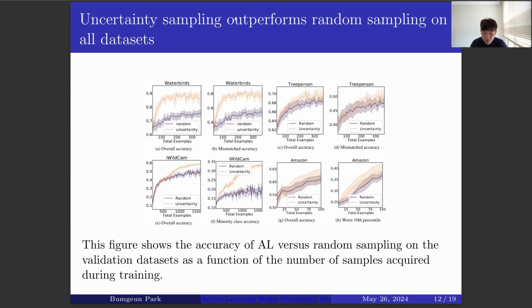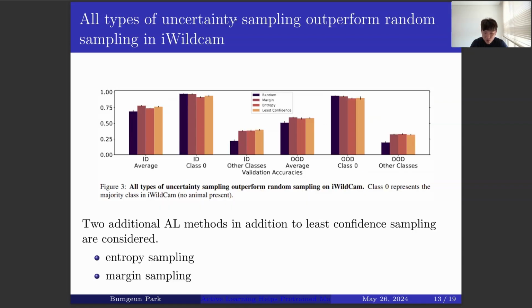First, we can easily see that uncertainty sampling outperforms random sampling across all datasets. This figure shows the accuracy of active learning versus random sampling on the validation dataset as a function of the number of samples acquired during training. The second observation is that all types of uncertainty sampling outperform random sampling in the iWildCam dataset.